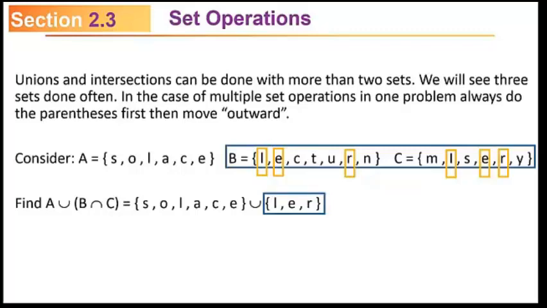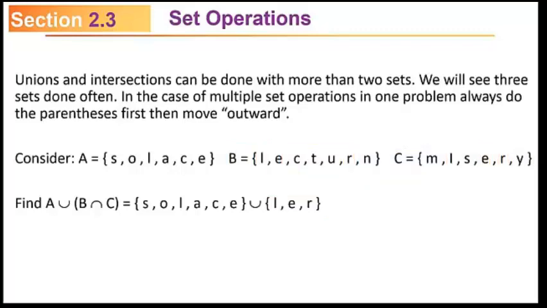Now you're ready to take the union of that set with the set A, and that means you just take everything. If it's in A, you list it. If it's in B intersects C, you list it. If it's in both, you list it. So you just list every single letter you see down there on the bottom line.